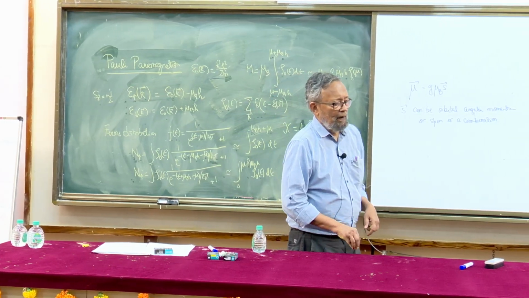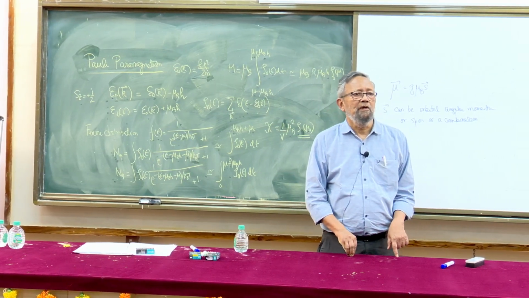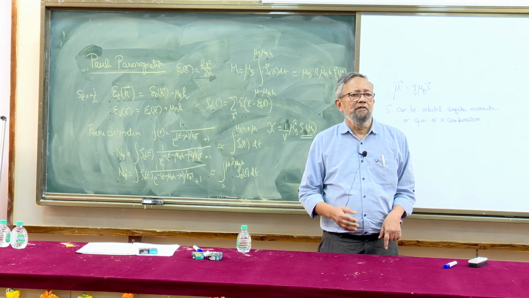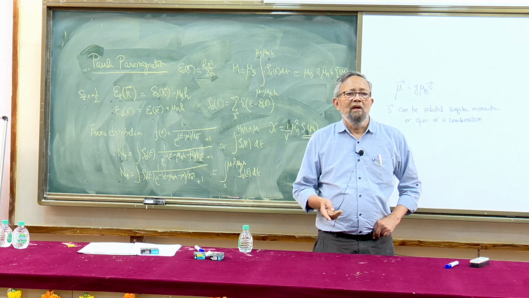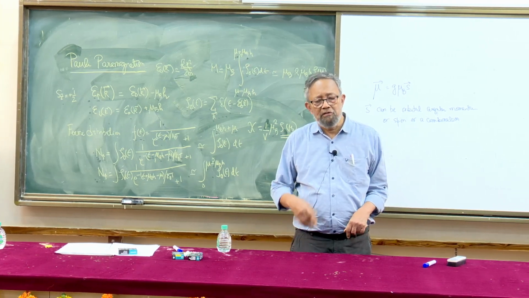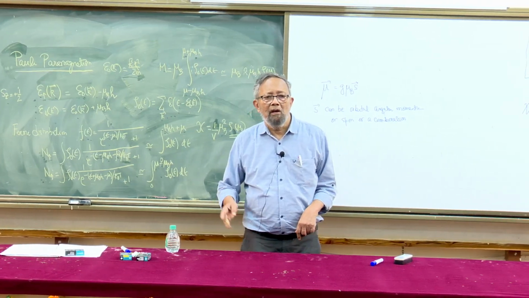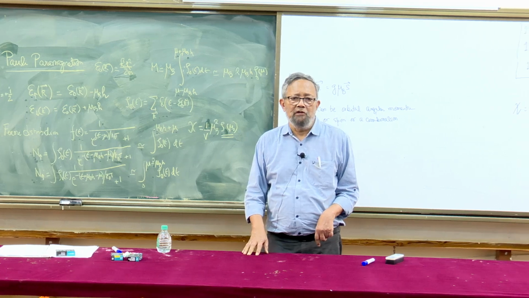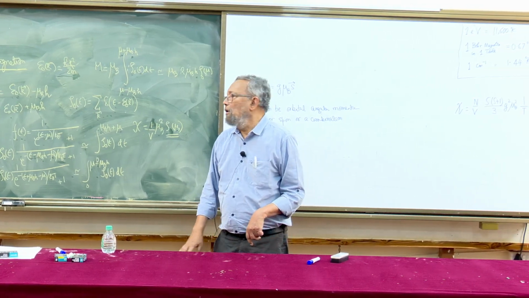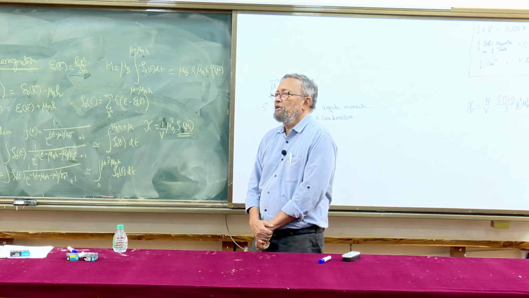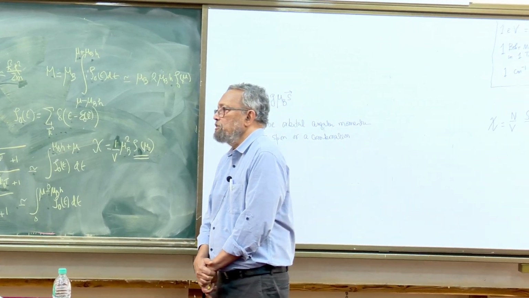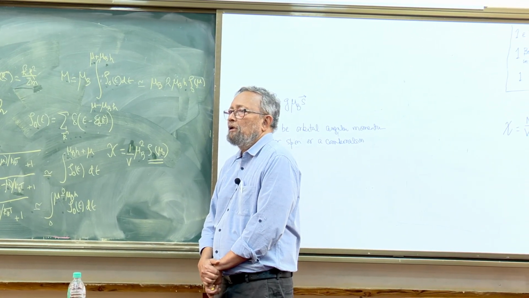Just two cases: if you have localized spins, then you have the Curie law. A special case of that is where you have a classical spin, with the Langevin function, which also gives you the Curie law. And then for a bunch of electrons, where you take into account the Fermi statistics and the Fermi distribution, you get a very different result: the susceptibility goes to a constant value at low temperatures.